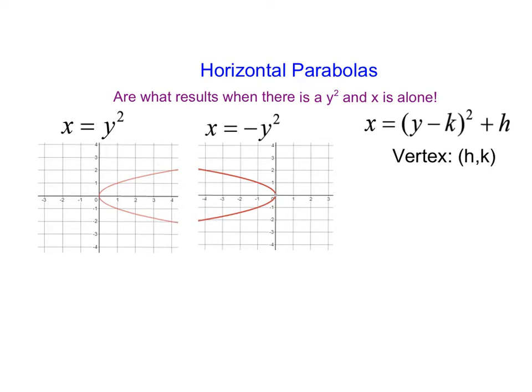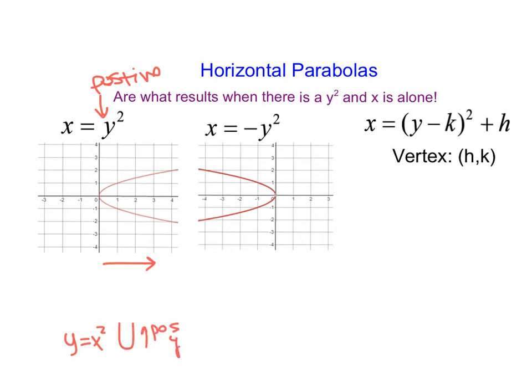Now a couple of things you want to note. First, notice that when the value out in front is positive, so here we have a positive 1 out in front of that y squared, we open up to the right. And this should make sense to you because when we had y equals x squared, it opened up, which was towards the positive y values.